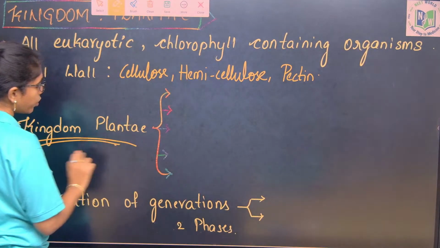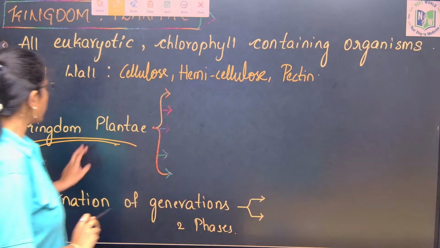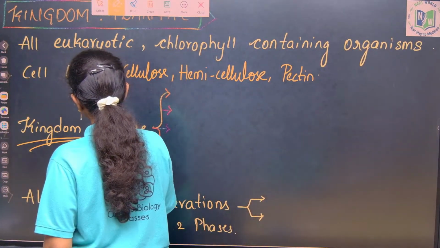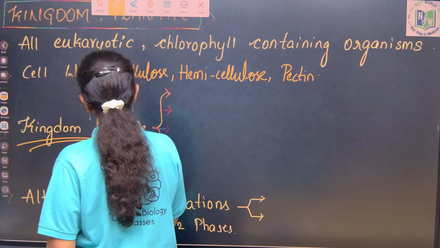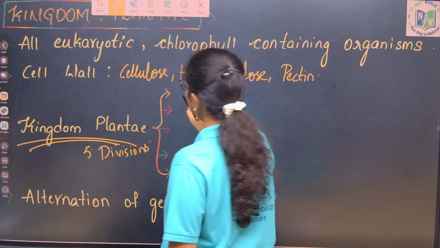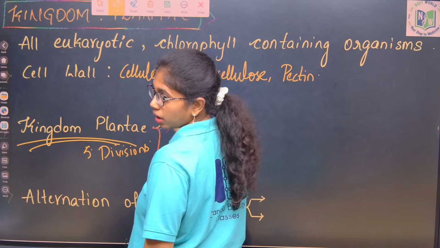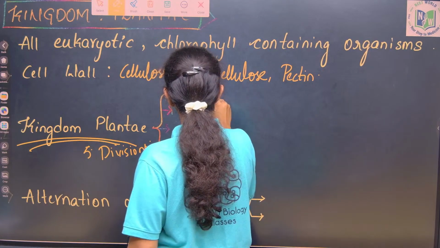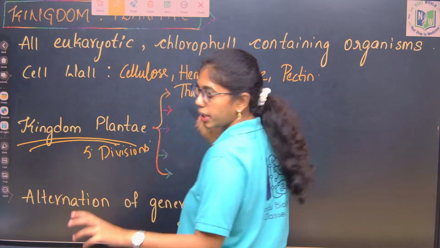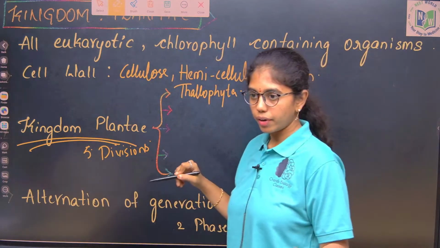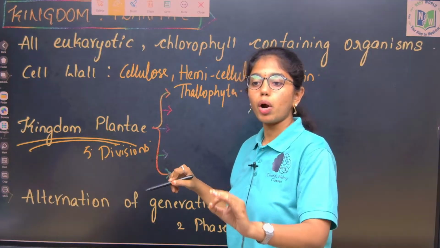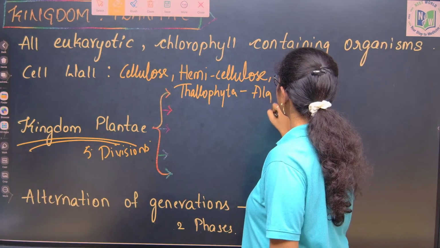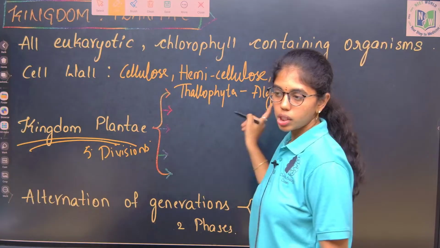Next, there are a few important points. Kingdom Plantae is divided into 5 divisions. What are the 5 divisions of Kingdom Plantae? First is Thallophyta. Thallophyta includes the thallus-like body, algae; usually Thallophyta includes algae and fungi. So first division is algae.